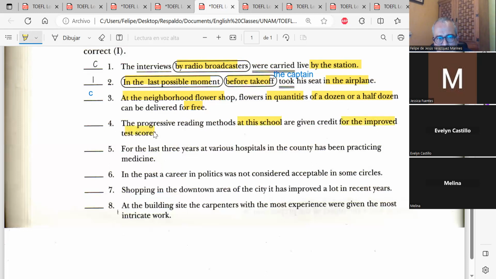If you eliminate this, you need to have subject, verb, complement. Do you have subject and verb and complement? The progressive reading methods are given credit. Yes, the progressive methods is the subject, and are given the verb. And is there subject-verb agreement, that the subject and the verb match? Methods, plural, are given. Yes, they match.